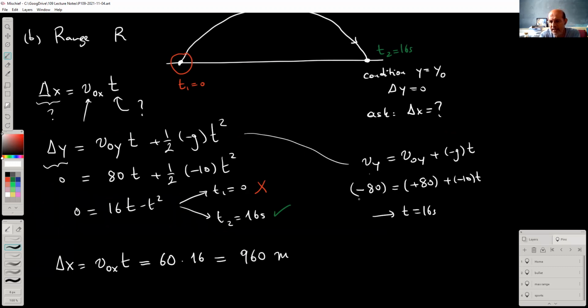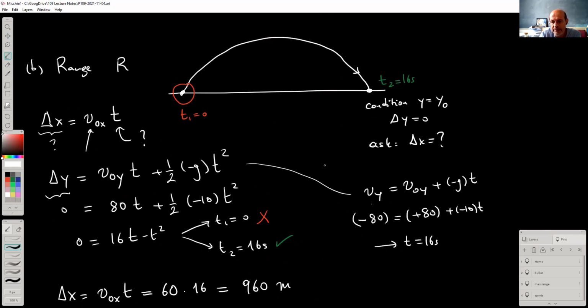Velocity of y becomes 0 at the maximum point. When the object is passing through the same point, the velocity of y becomes the negative of the initial velocity. If you remember, yesterday we discussed this.